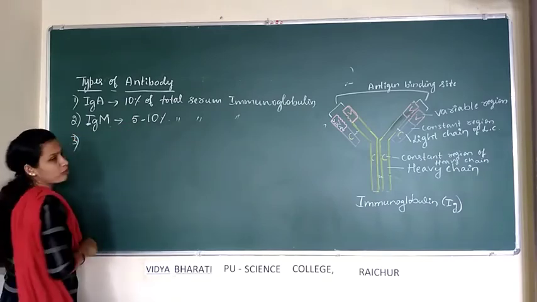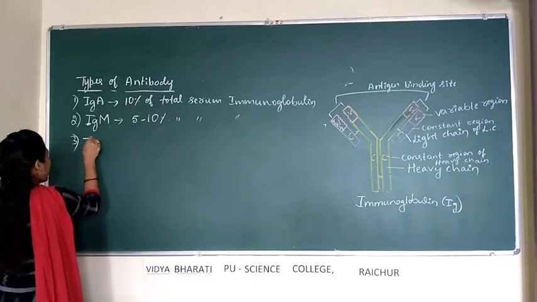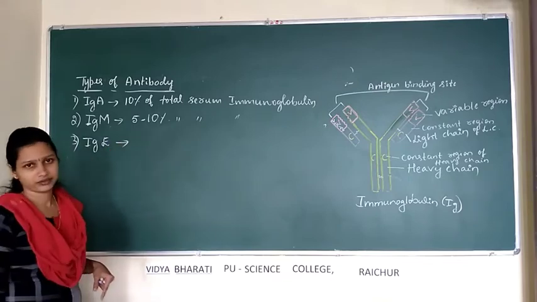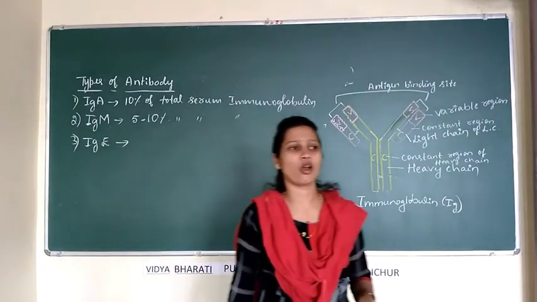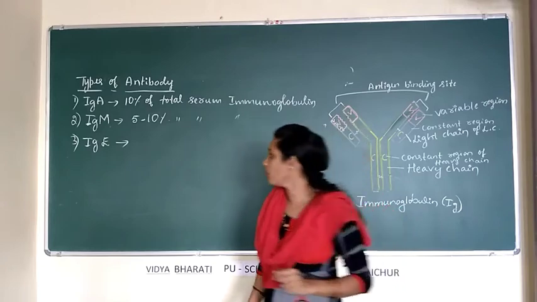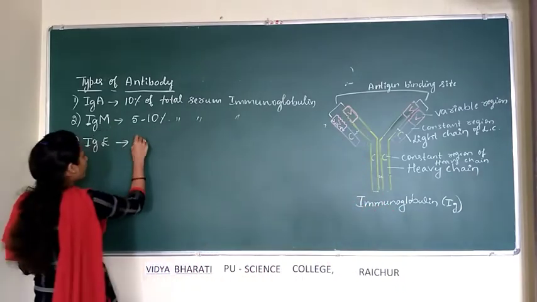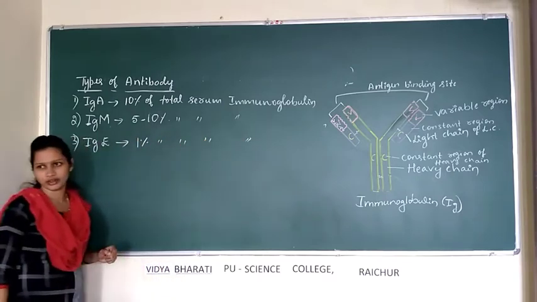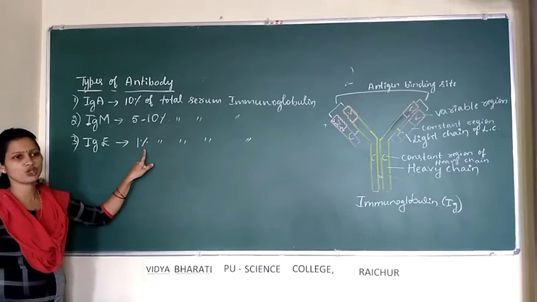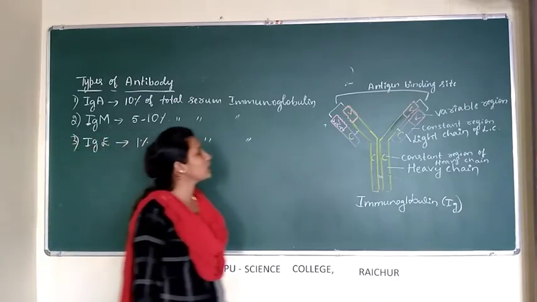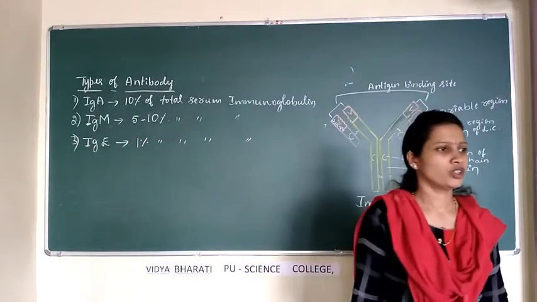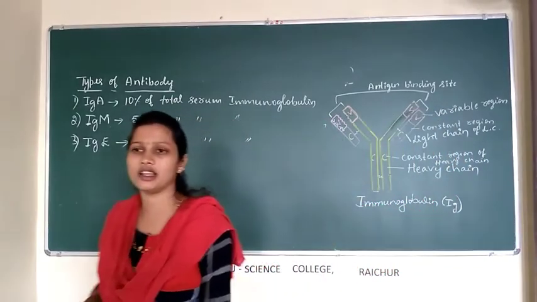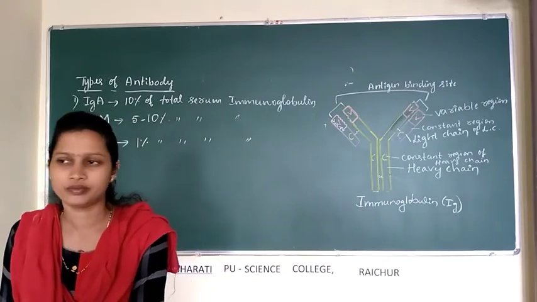Then one more type of immunoglobulin is IgE or immunoglobulin E. IgE constitutes around 1% of total serum immunoglobulin. During infection, IgE count increases, particularly during helminth infection.